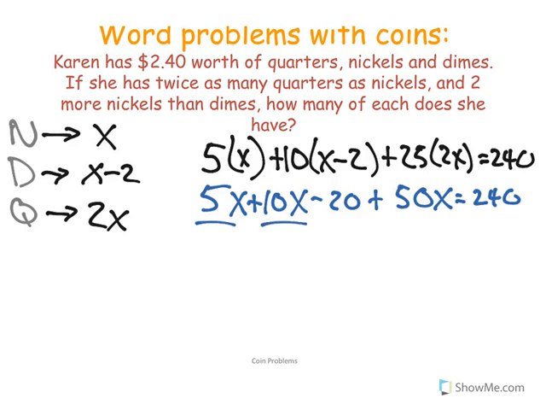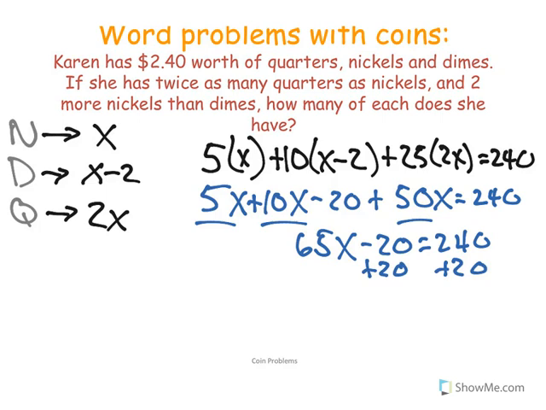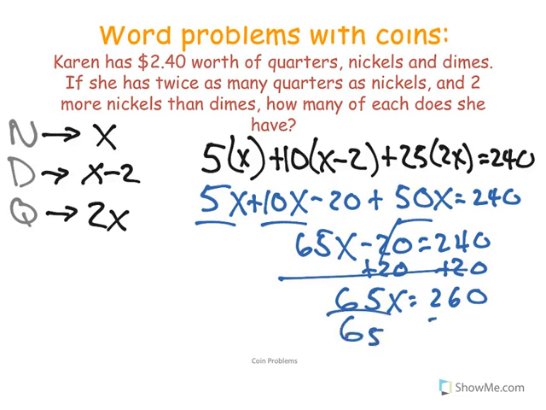So 5x, 10x, and 50x is 65x. I'm going to add 20 on both sides to solve my two-step equation. So 65x equals 260. So I get x is 4.